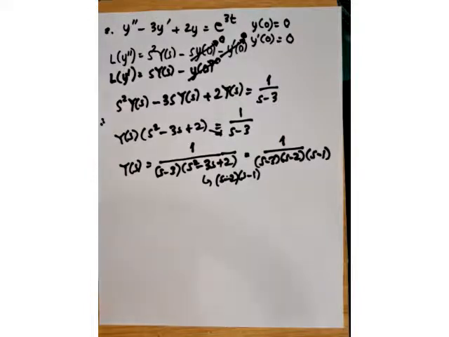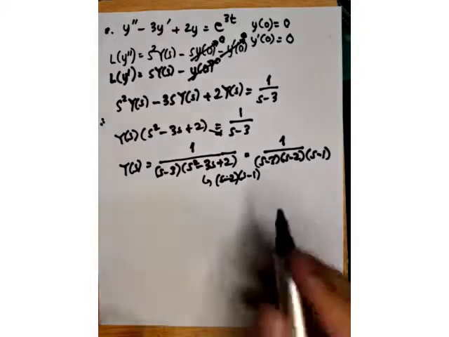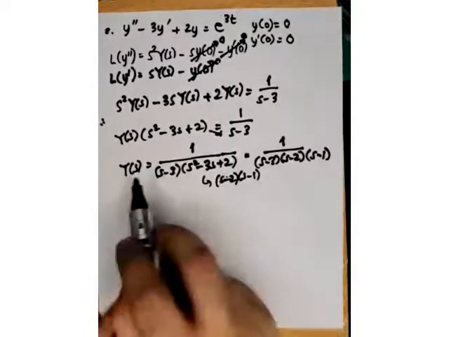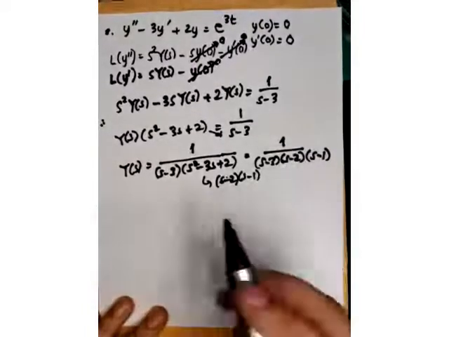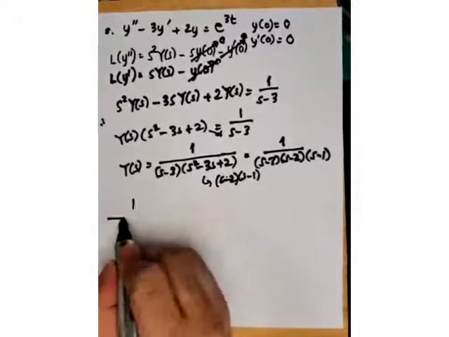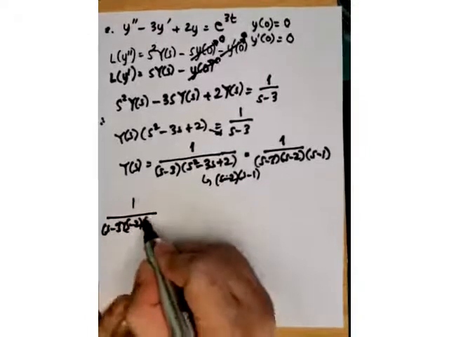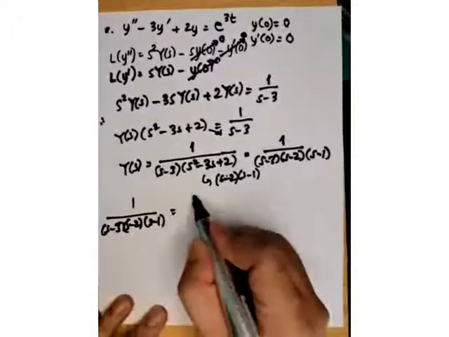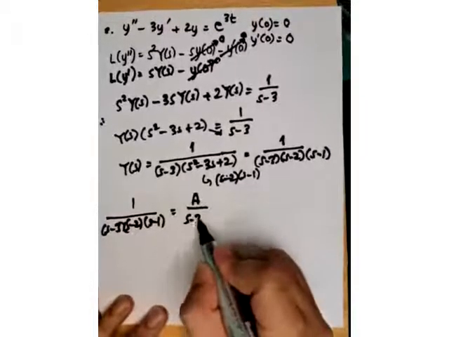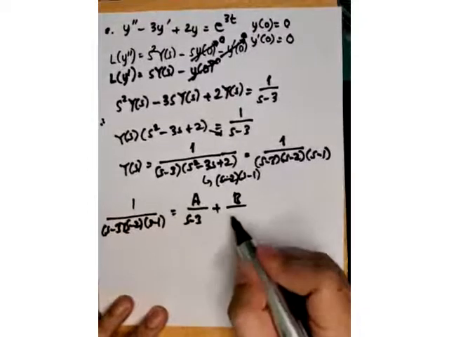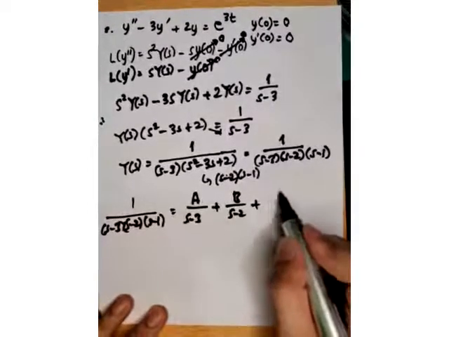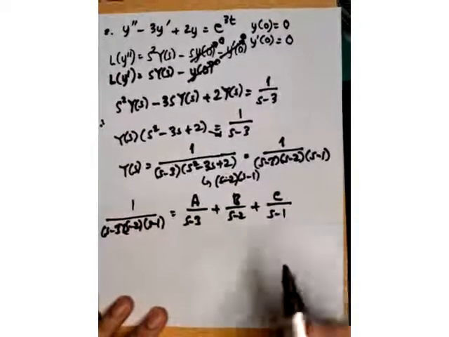Okay? Wala akong problema ba? Wala ba akong napansing mali? Ayan. So, para i-inverse Laplace natin, so i-partial fraction decomposition muna natin yon. 1 over s minus 3, s minus 2, s minus 1. So that's equal to, pare-pareho silang linear, so A over s minus 3 plus B over s minus 2 plus C over s minus 1.